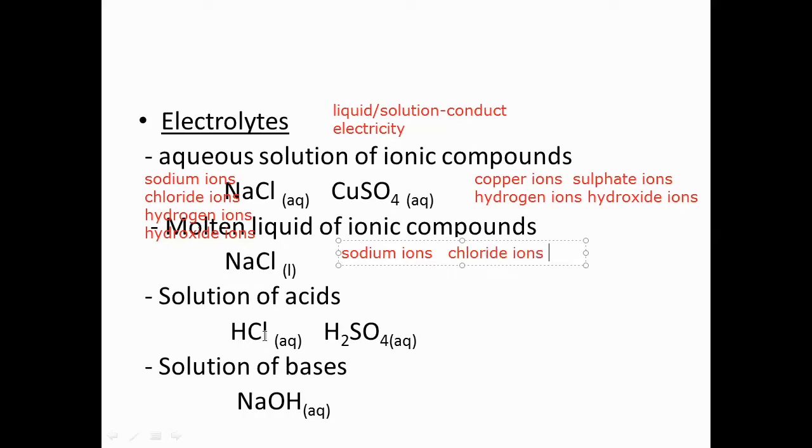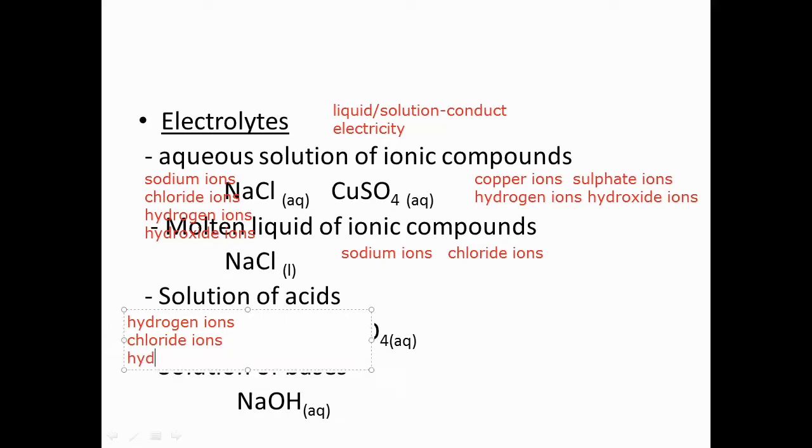And the third one is solutions of acids, diluted hydrochloric acid and diluted sulfuric acid. Diluted hydrochloric acid consists of hydrogen ions and chloride ions from the hydrochloric acid, as well as hydrogen ions and hydroxide ions from the water, because this one is diluted.